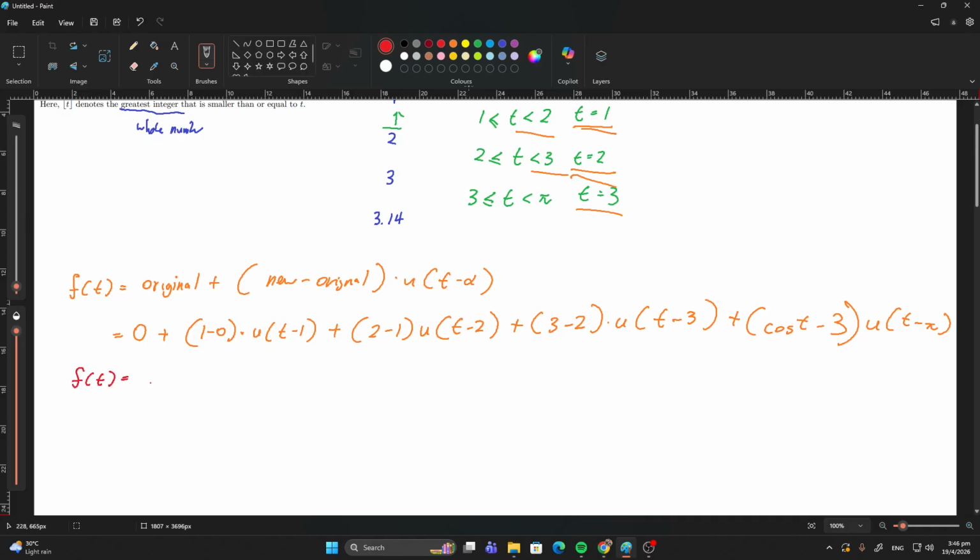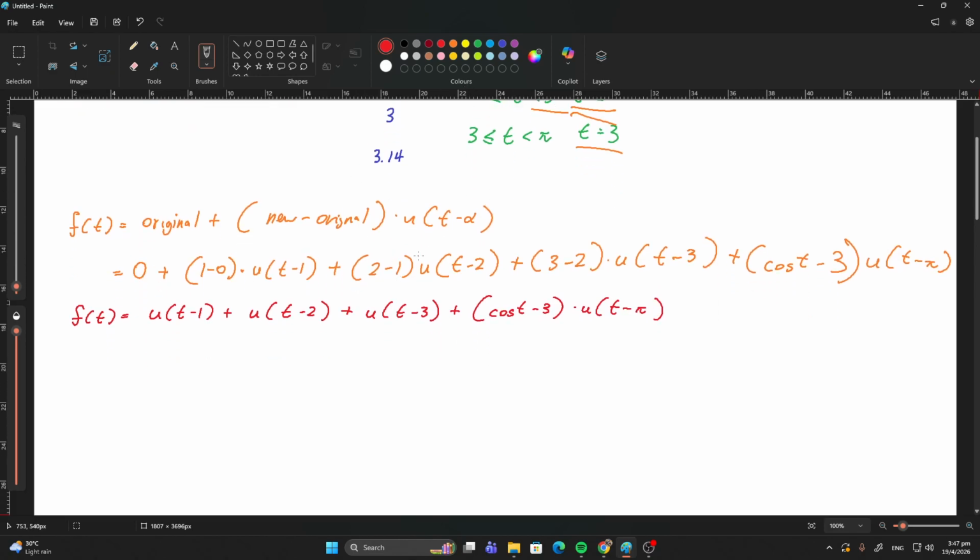So we have 1 minus 0 is just 1. So we have u plus 2 minus 1, same thing, is just 1. And then 3 minus 2, same thing, is just 1. Plus cosine t minus 3, unfortunately it's not 1. Alright, and we have u of t minus pi.